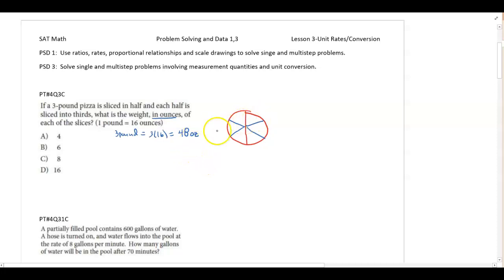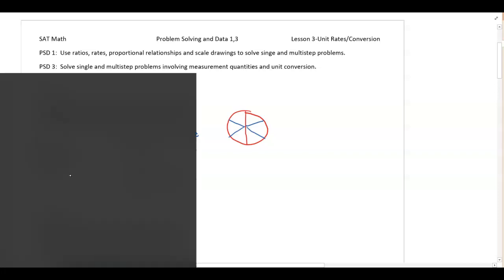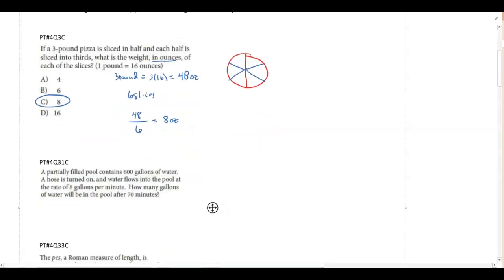Now, if this whole pizza is 48 ounces and there are 6 slices, I'm just going to take the number of ounces and divide it by 6, and that means there would be 8 ounces per slice. I do think a diagram will help some, so keep that in mind.